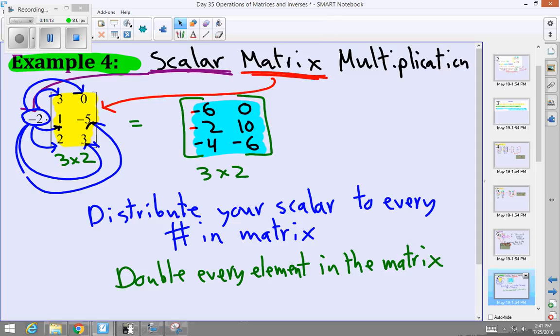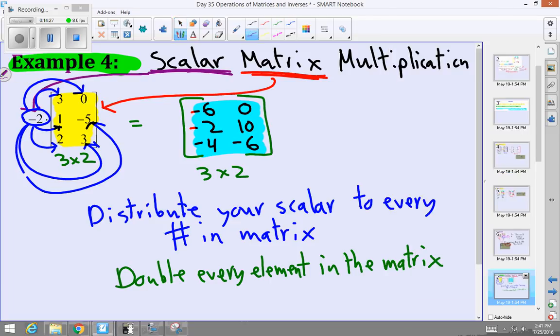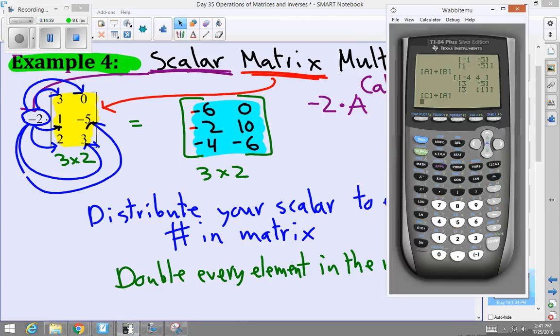So let's take a look at that if we were looking on the calculator. Now I kind of forget which guy is this matrix. 3, 0. Okay, that's matrix A. So on my calculator, I'm allowed to do this: negative 2 times A. When I do this, I go negative 2, number first, then I pull up the matrix A, and it grabs it for me.